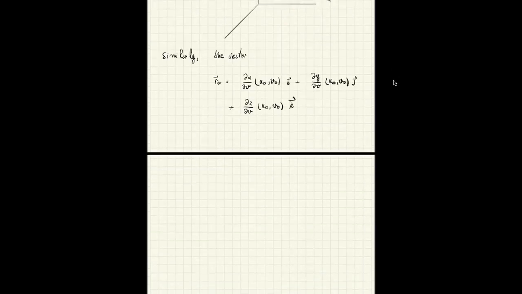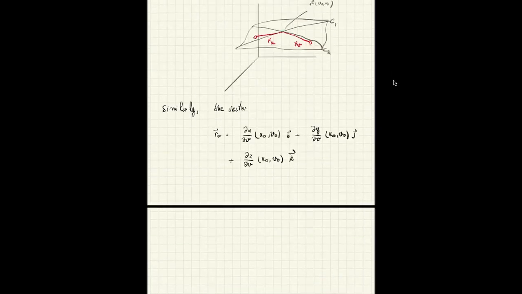Okay, so this is the tangent vector at r(u0, v0) of the grid curve C2 obtained by fixing u.